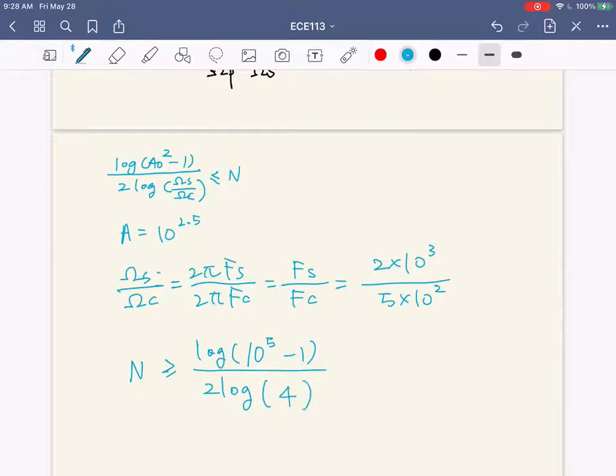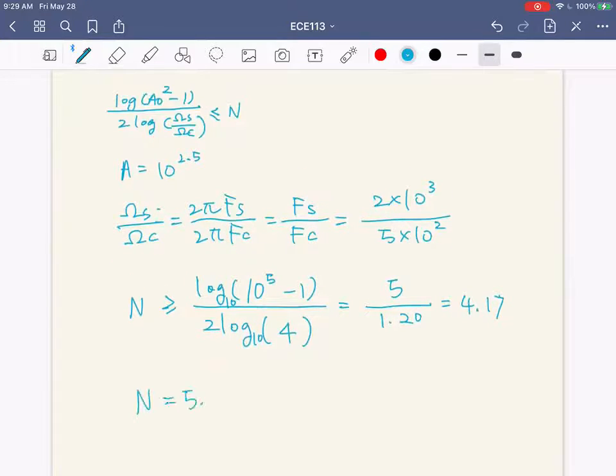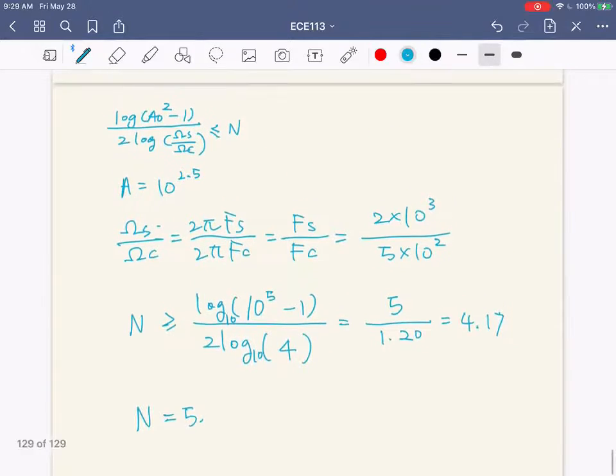The base of the log is 10 by default. So I believe the numerator is something about 5, and the denominator is 1.2 something, so it equals 4.17. And we will take n equals 5 to satisfy it. Cool. Any question about this?